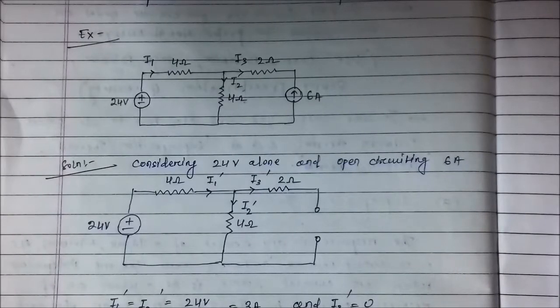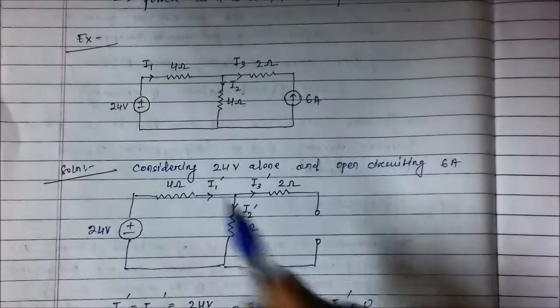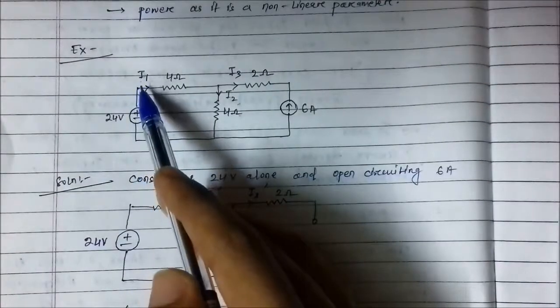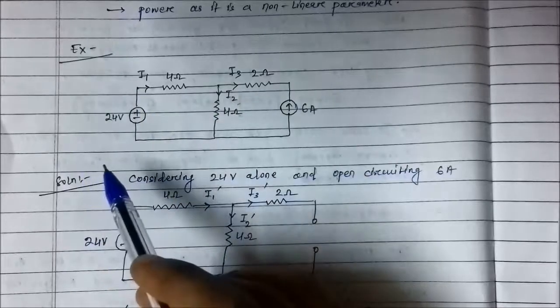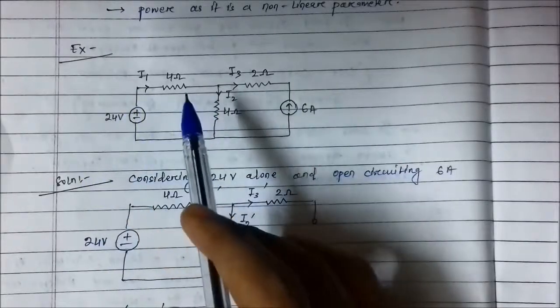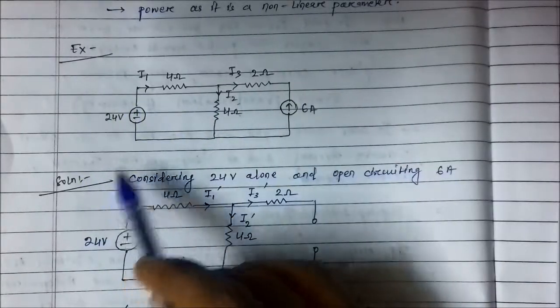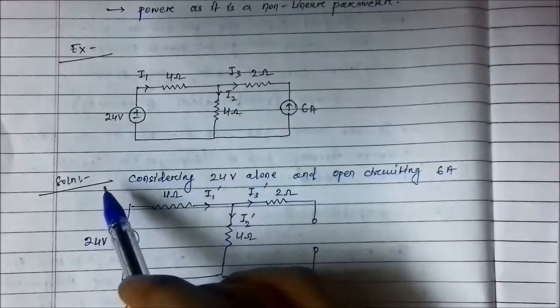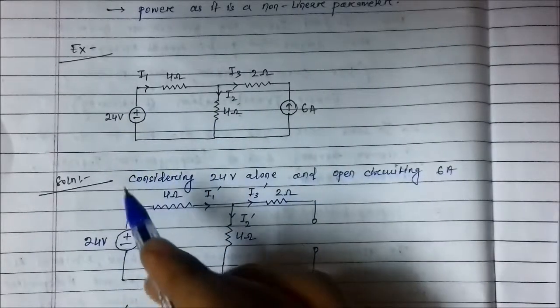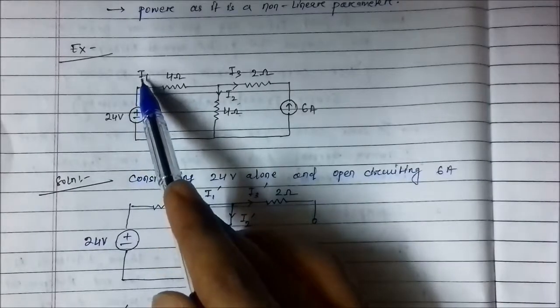So what the superposition theorem states is that the current I1 at this element, which is the response of the circuit when both the 6 ampere and 24 volt sources are taken into consideration, has the value I1.